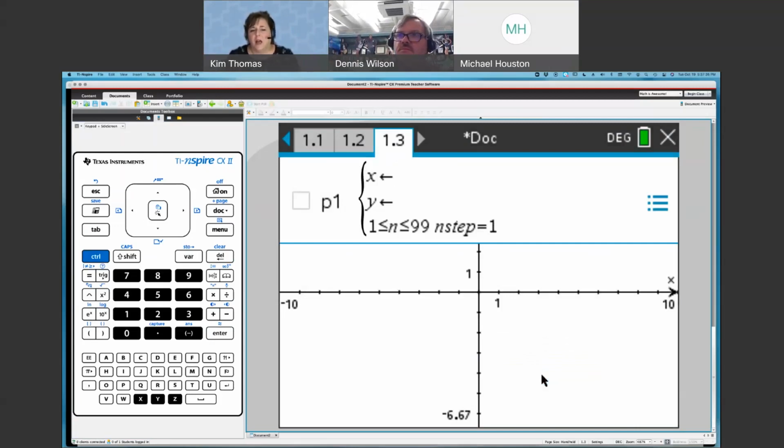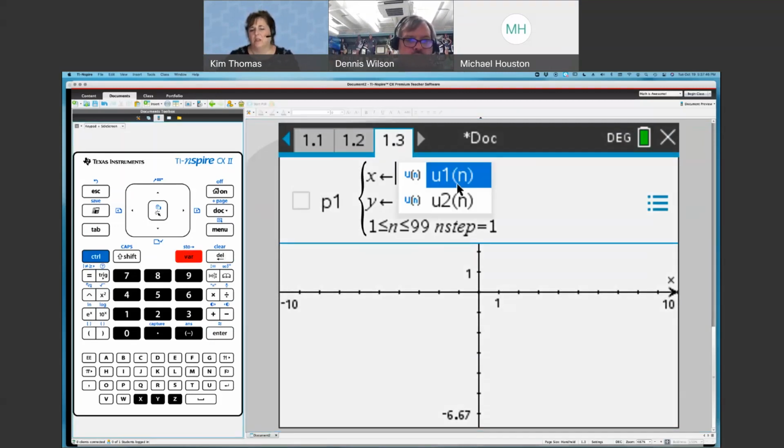So now I get a plot, and what am I going to put into X1? Well, I am going to press the variable key. And I need to decide, do I want to have along my x-axis the total sum, or do I want to have the individual angles?